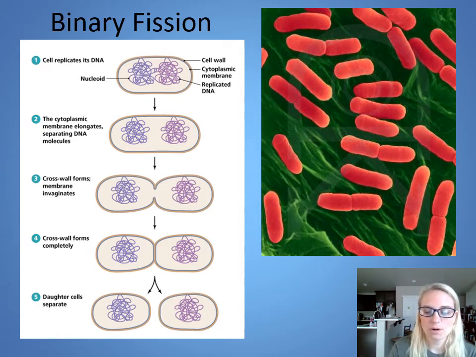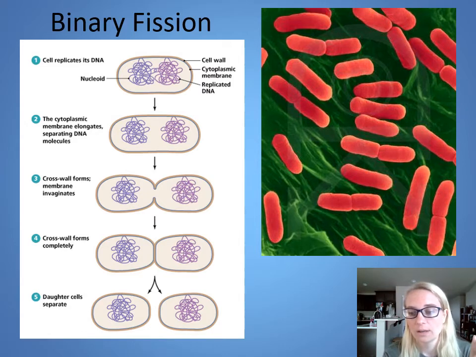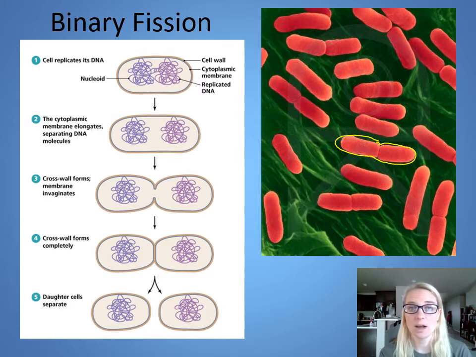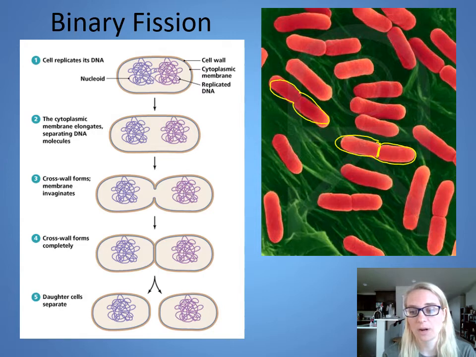Over on the electron micrograph, here are two bacilli that probably just finished their binary fission, and they're still stuck together right there at that cross wall. And here's a couple other ones that are in that same time frame.